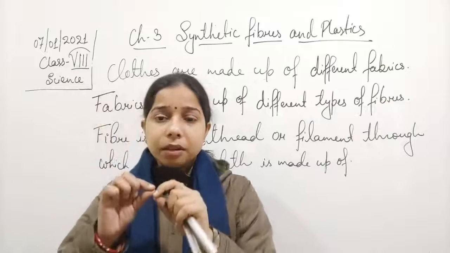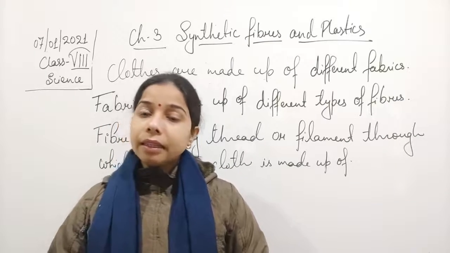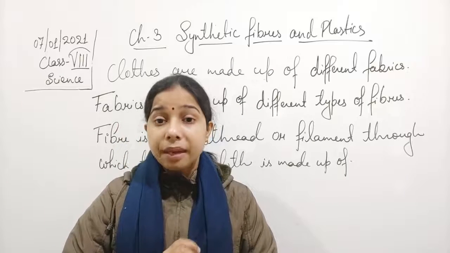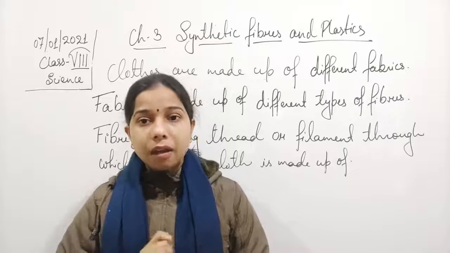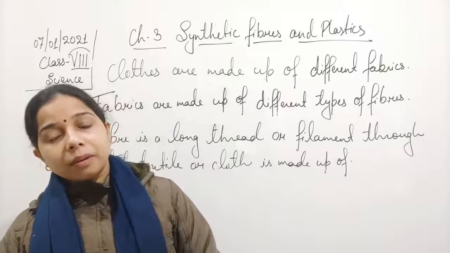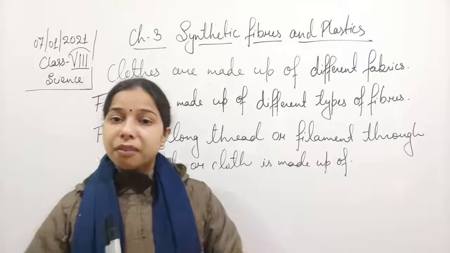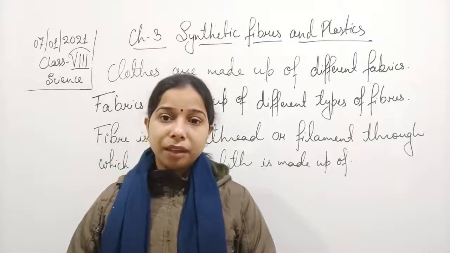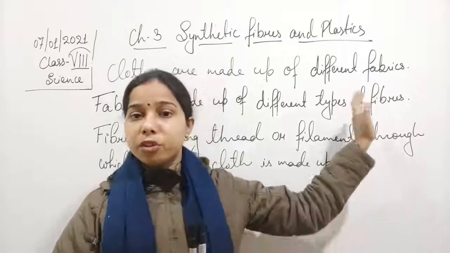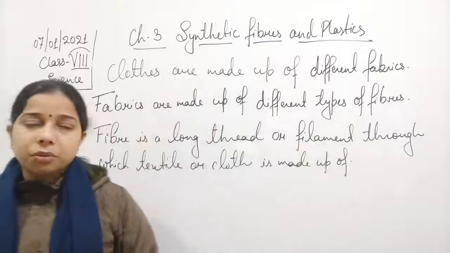Fiber is a single strand, or a very fine thread, which overlaps with each other to make yarn, and finally there is a formation of the fabric. So first of all, a fine thread-like structure, that is fiber, is twisted together to form yarn, and then there is a formation of a fabric. So this is the whole process that we already know about.